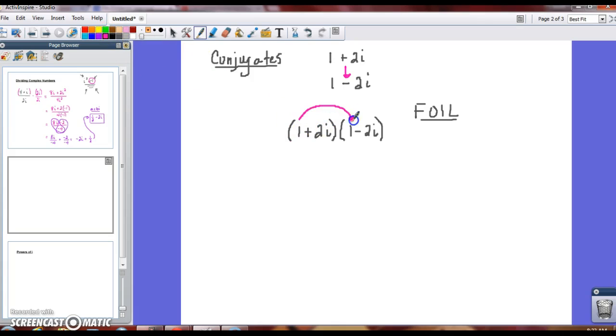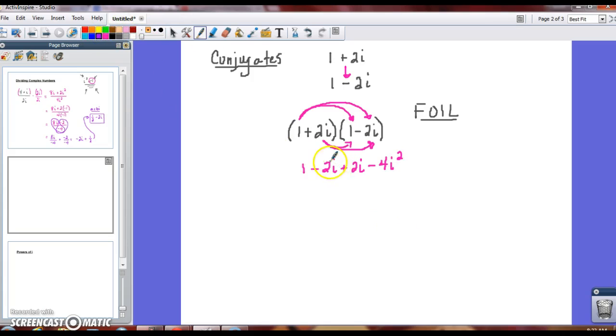So 1 times 1 gives me 1. Multiply your outside terms. 1 times negative 2i is negative 2i. Multiply your inside terms. 2i times 1 is positive 2i. Multiply your last two terms. Positive 2i times negative 2i would be negative 4i squared.